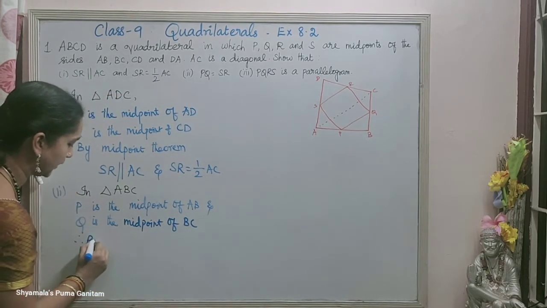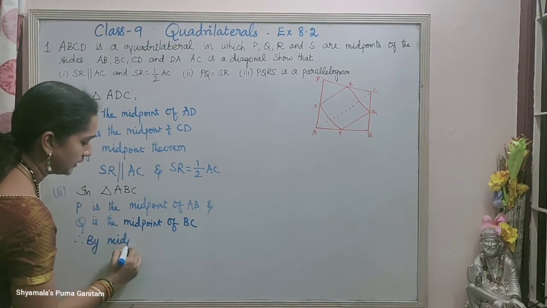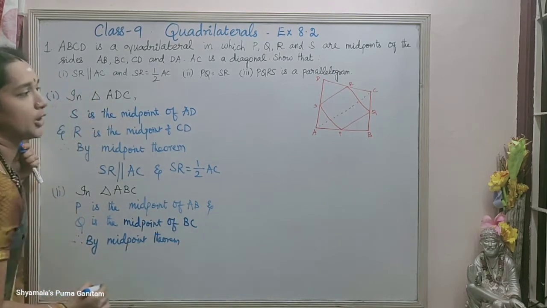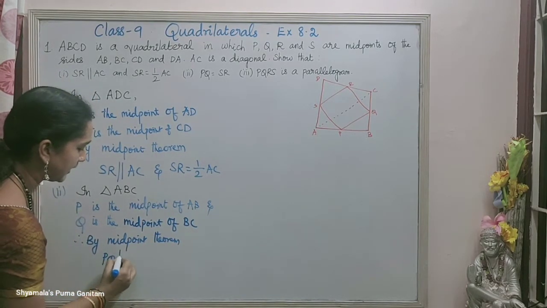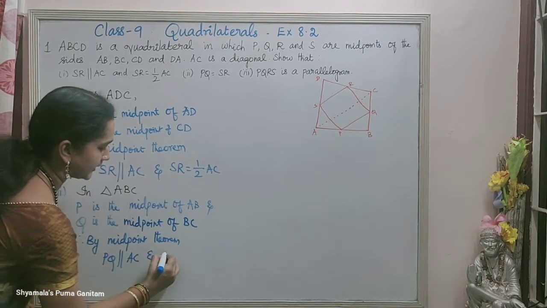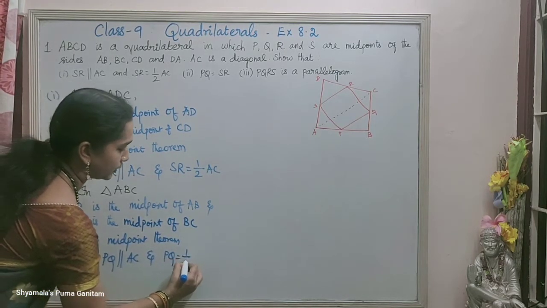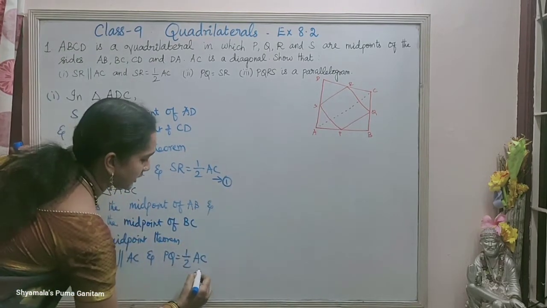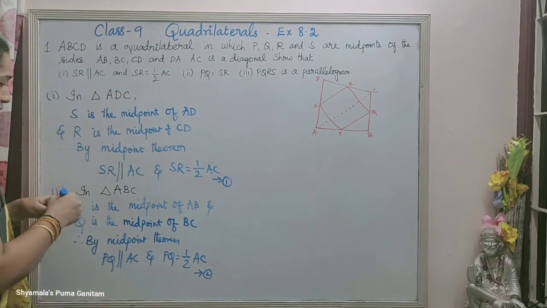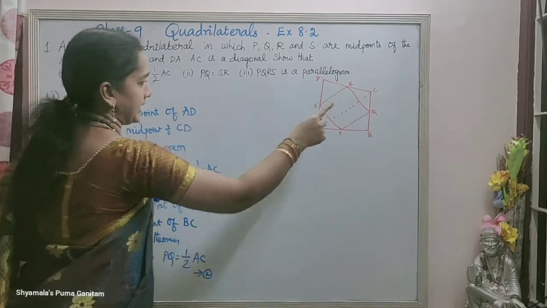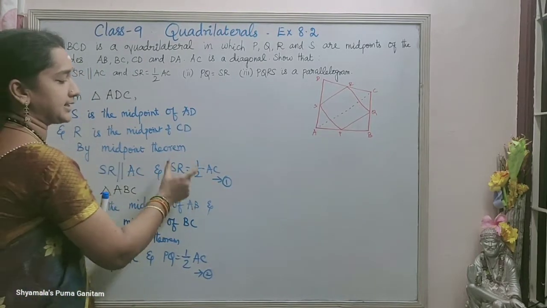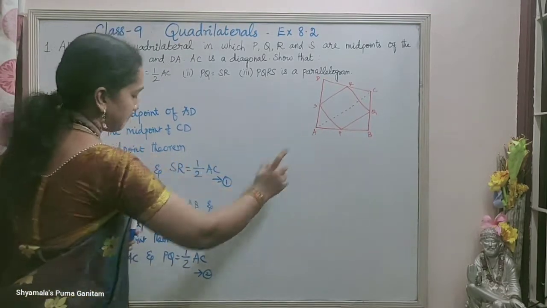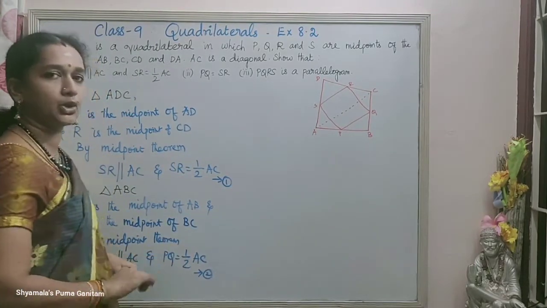Therefore, by the midpoint theorem, PQ is parallel to AC and PQ is equal to half of AC. We will take this as the first equation and this as the second one. In triangle ADC, we got SR parallel to AC and SR equal to half of AC. Then in triangle ABC, we got PQ parallel to AC and PQ equal to half of AC.